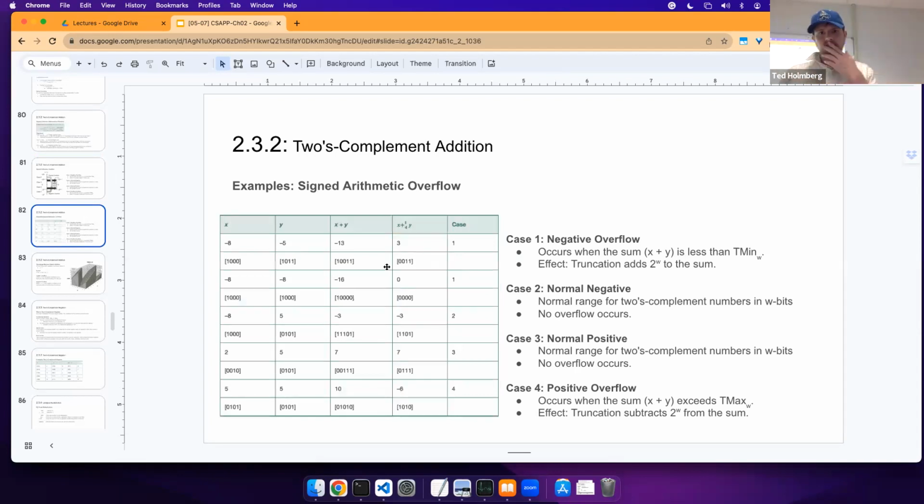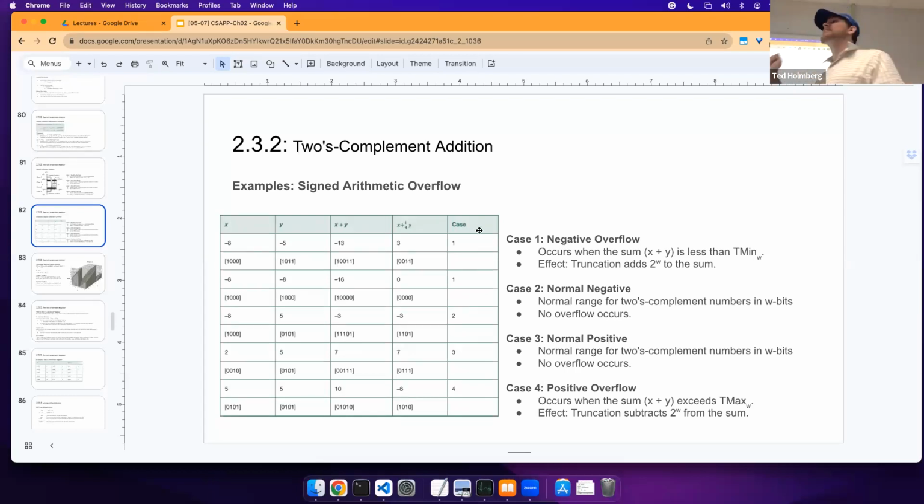Okay. So again, I have my cases. So let's look at these columns. I'm going to have my given inputs, and we're going to be working with word sizes of 4 to make it easy. So I have my X column and I have my Y column. And then I will have my X plus Y as my third column. And then I'll have my X plus Y where I'm truncating as my fourth column.